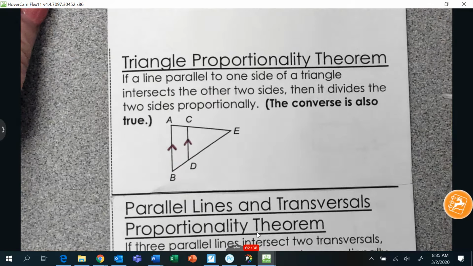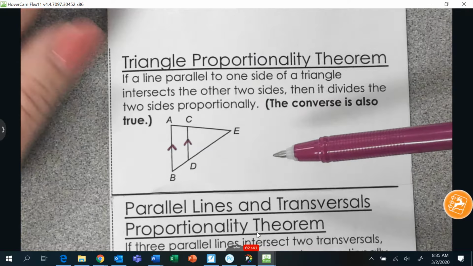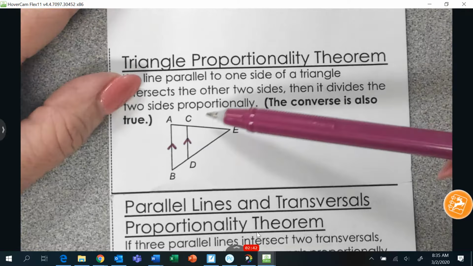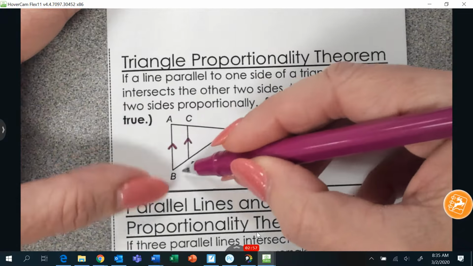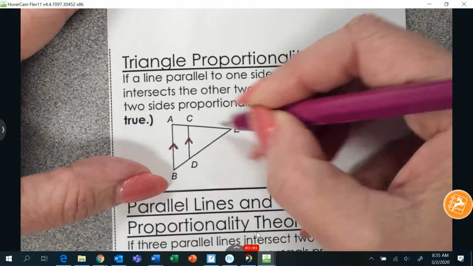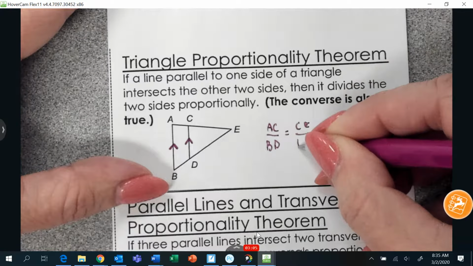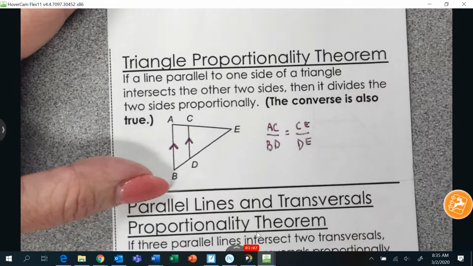So if we have two lines parallel, it's going to divide up the sides into, actually, let me go over this way, BD, just as CE and DE would make the same ratio.